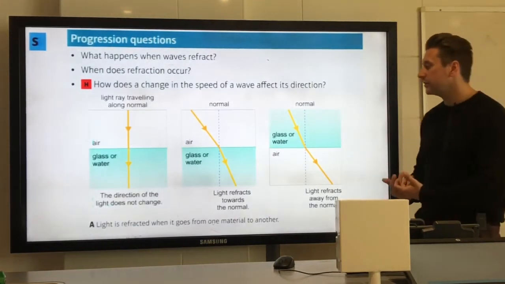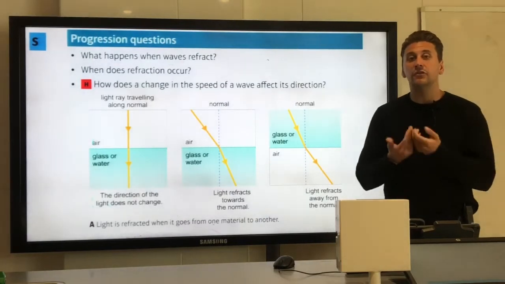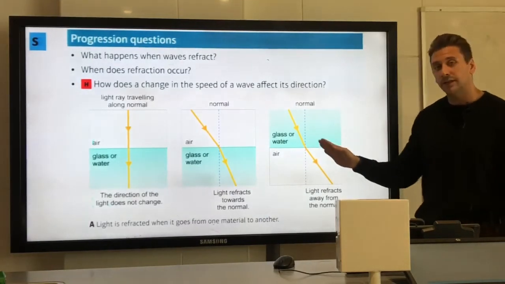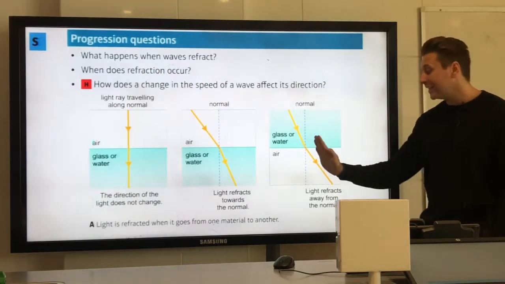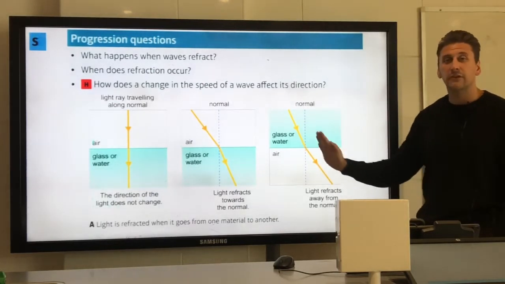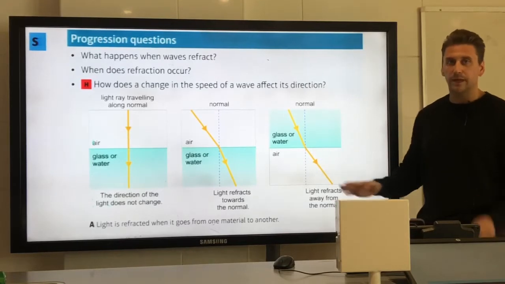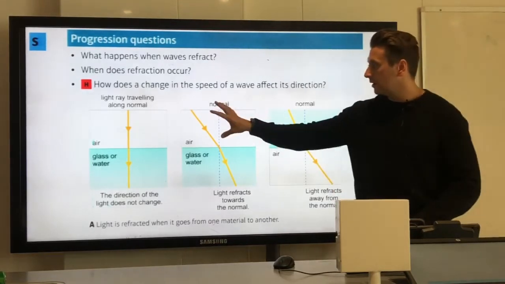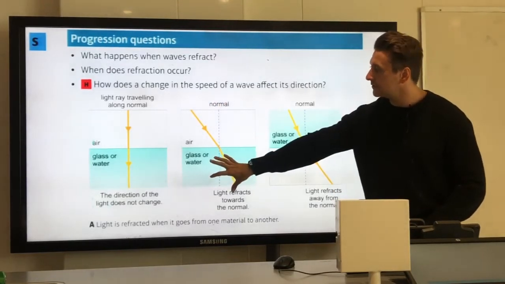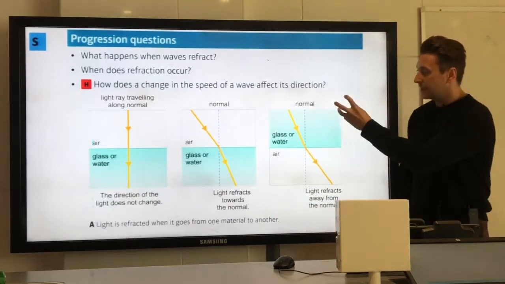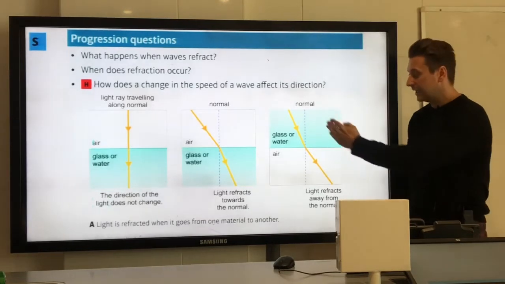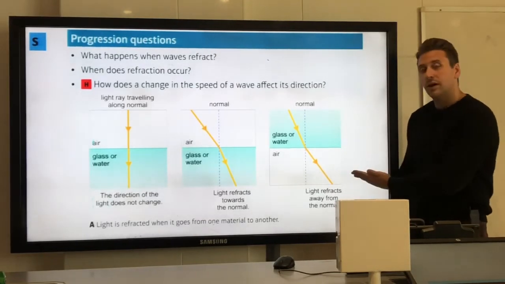Alright? Alternatively, you could say if the speed of light increases, so it's going to speed up when it leaves the water or the glass to air, then it also refracts or changes its direction away from the normal. So two examples: low refractive index to high refractive index, light refracts towards the normal. High refractive index to low refractive index, light changes direction or refracts away from the normal.